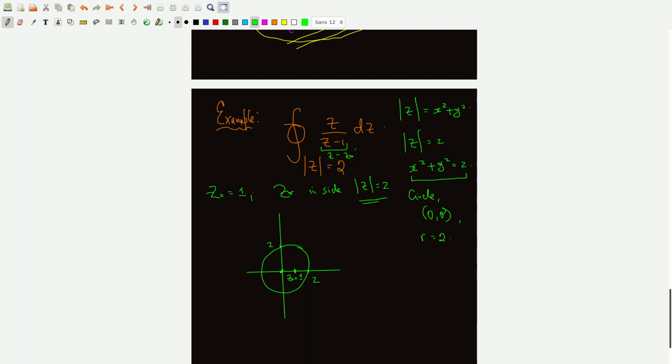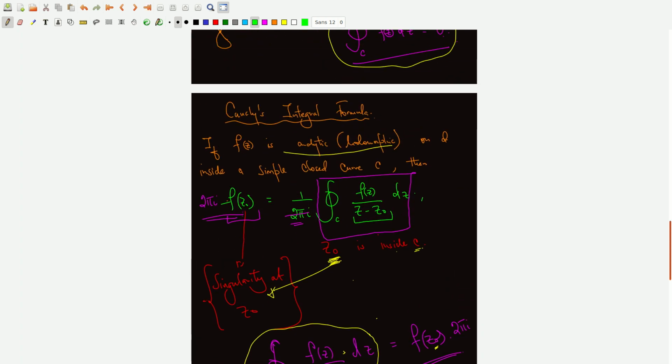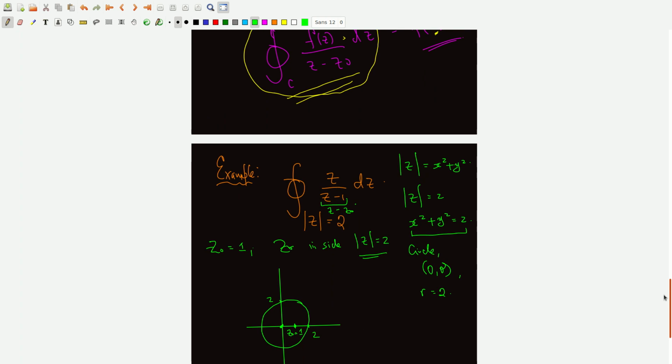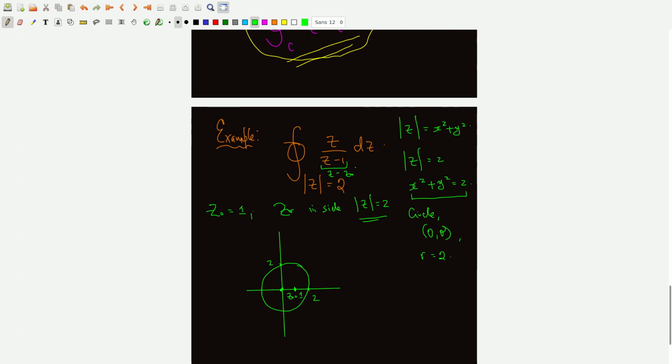So f of z is analytic on and inside a simple closed path C, apart from that point z equals 1. We can see that our function z over z minus 1 is defined at all points on C, on the boundary where the modulus of z is 2, and at any other point inside.